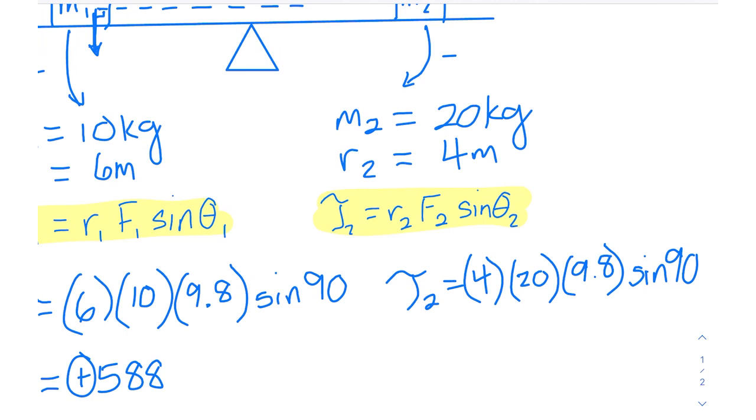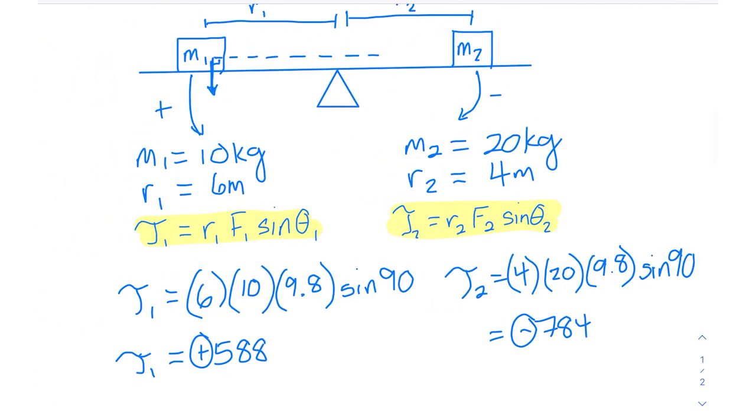If we do the math, we get 4 times 20, which is 80, times 9.8, which is 784, times 1. So we'll have a value of 784. And this will be in the negative direction, because this one, as we set up here, is going clockwise, and conventionally we use negative for clockwise torque and positive for counterclockwise torque.